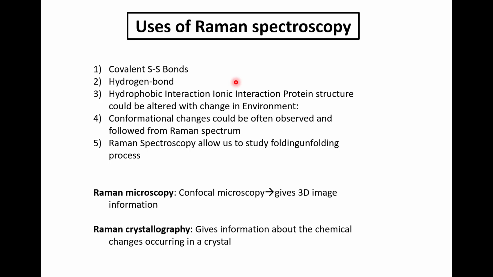You select that particular field of view and then collect the Raman spectra. With that you can have 3D images, as well as various information about the chemical nature of the particular area you have selected under your view. So that is Raman microscopy.